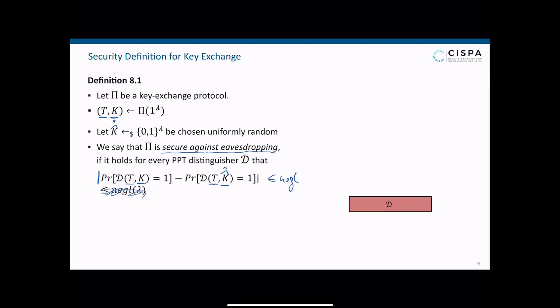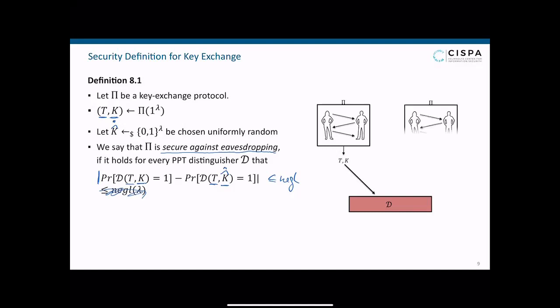So let's maybe look at this in a picture. Here we have our distinguisher, and he has to tell two situations apart. In the left situation, he gets a transcript and a key which come from an actual run of the key exchange protocol.